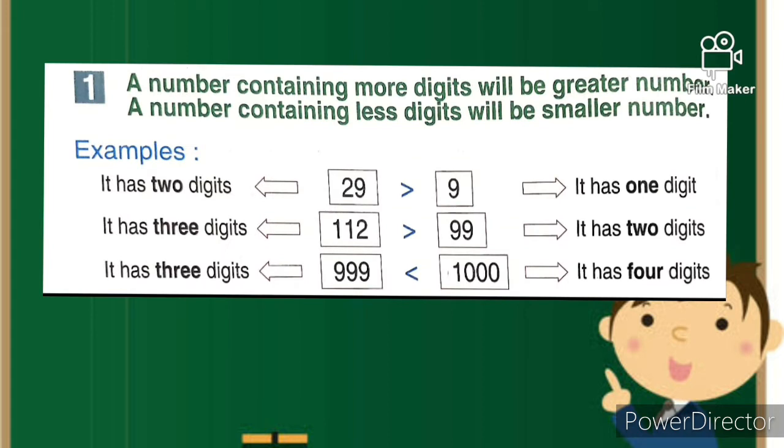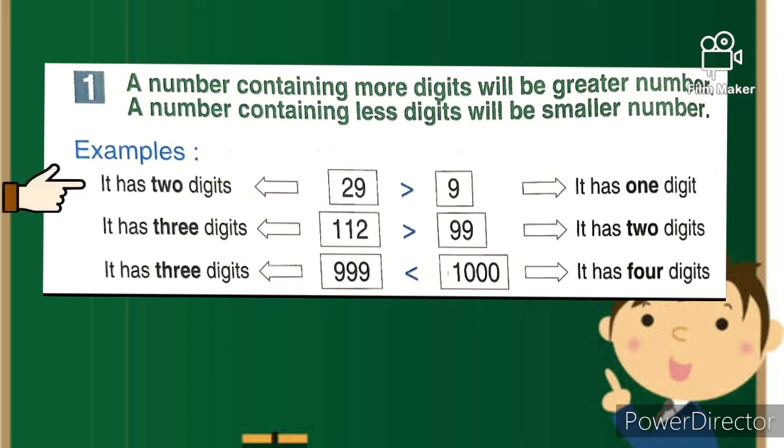There are few rules by which we can find out which number is greater and which is smaller. The first rule is a number containing more digits will be greater number and the number containing less digits will be smaller number. Here we can see three examples.